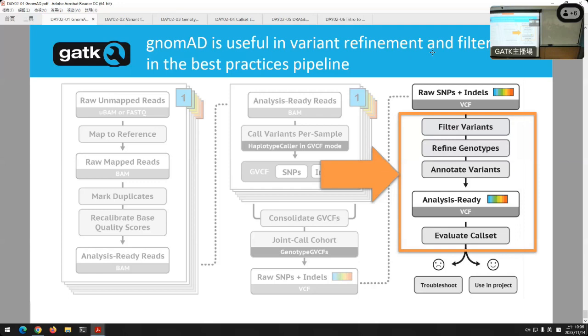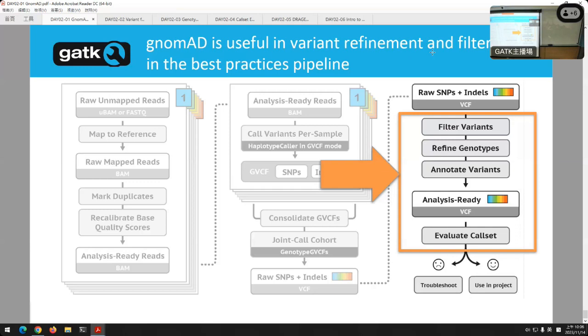Yeah, I mean, it was very heavily filtered and evaluated because we wanted to produce a high quality data set and make sure that the precision in particular is really high, so we're not publishing a bunch of false variants.